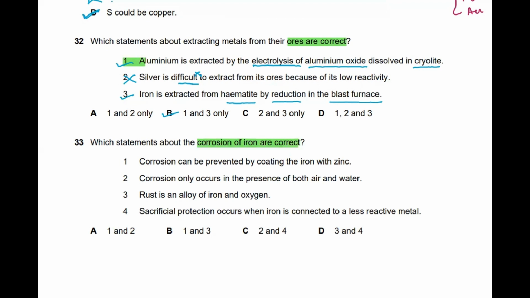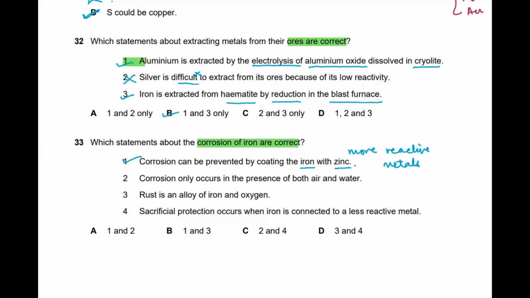It says corrosion can be prevented by coating with iron and zinc. So if you coat it with more reactive metals, then definitely you can prevent it from rusting. But coating the iron with zinc, okay, zinc is more reactive.